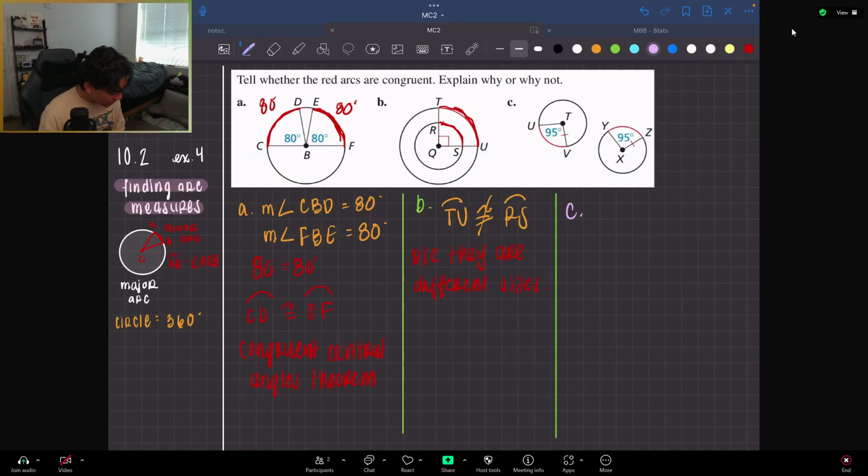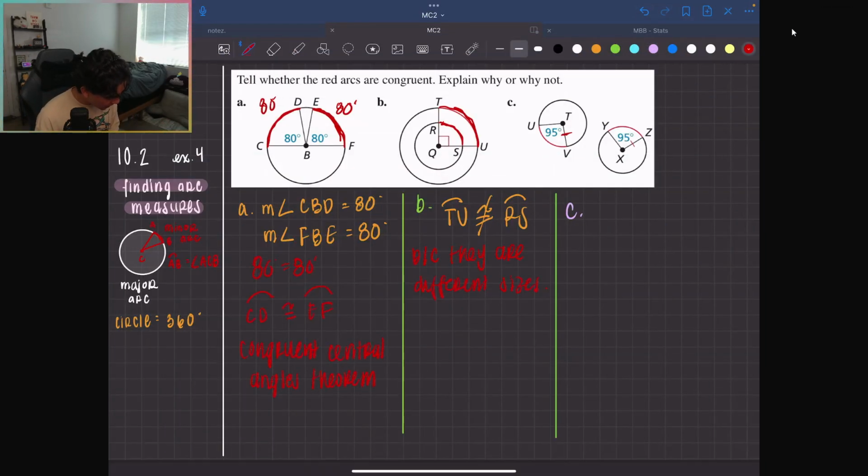Let's find out. There's a little indicator right over here and over here that says that segment TV is congruent to segment XZ. These are two radii. So these are going to be congruent circles, first of all. So first of all, we know that these radii are congruent.